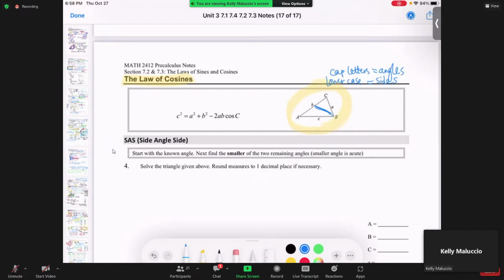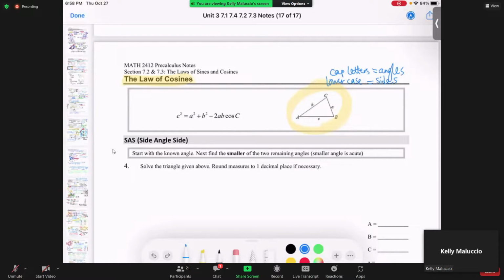Lowercase a is across from capital A, b is across from B, c is across from C. It has to be this way, okay? Then the formula is this: c squared equals a squared plus b squared minus 2ab cosine of C.